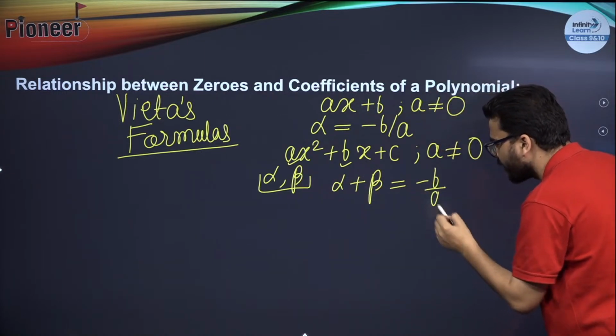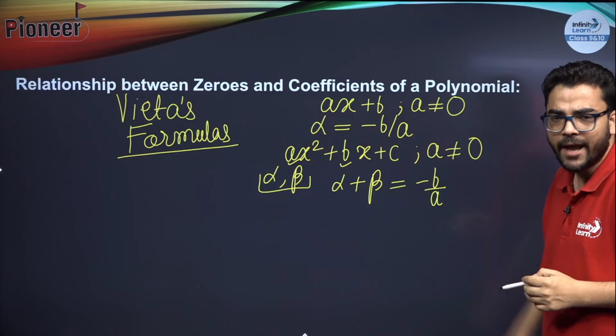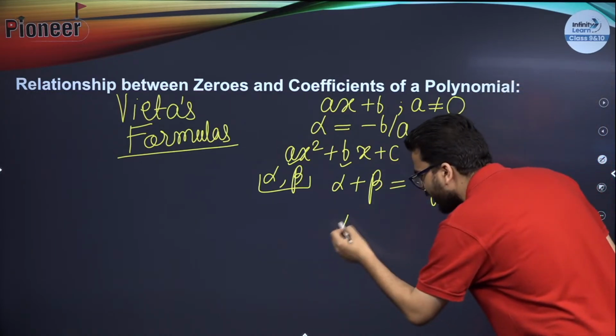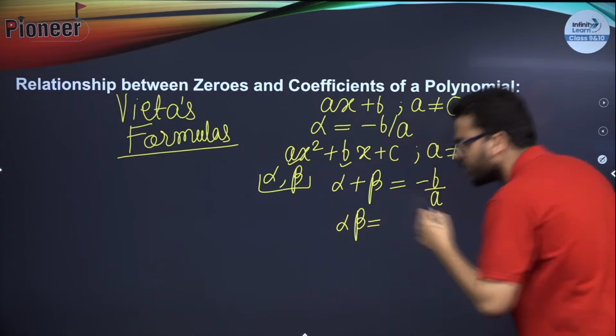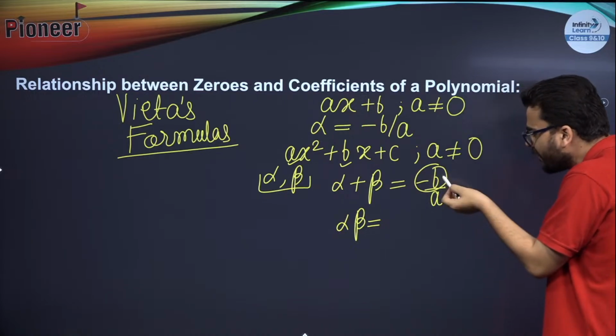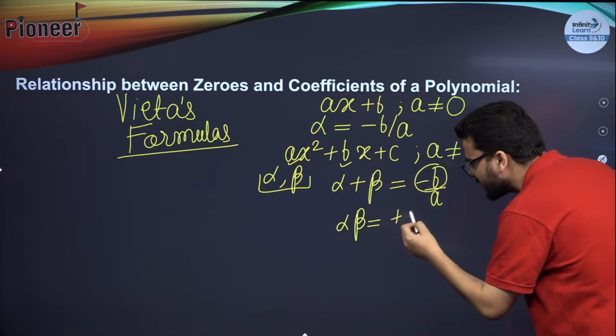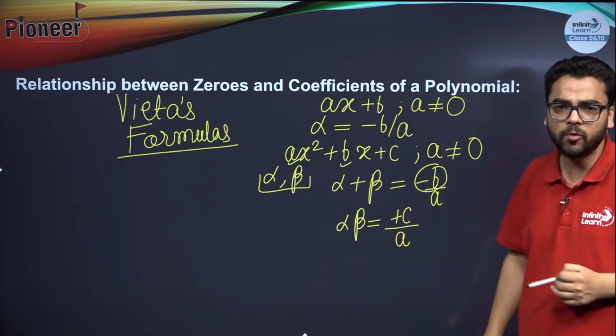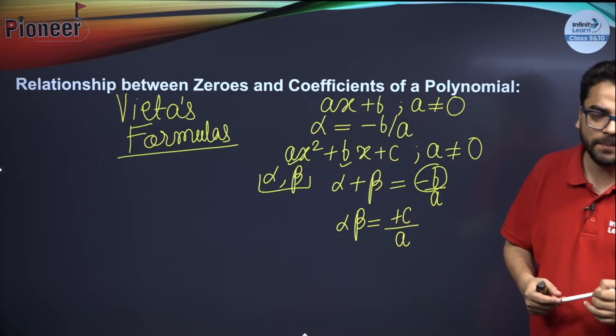Minus b by a. Got that logic? Now we will take 2 zeros at a time. So alpha beta will come up. Correct? So you see, it was minus b by a. Now I will change the sign to plus c by a. Got that logic? I am changing the sign to plus c by a. I hope that is clear.